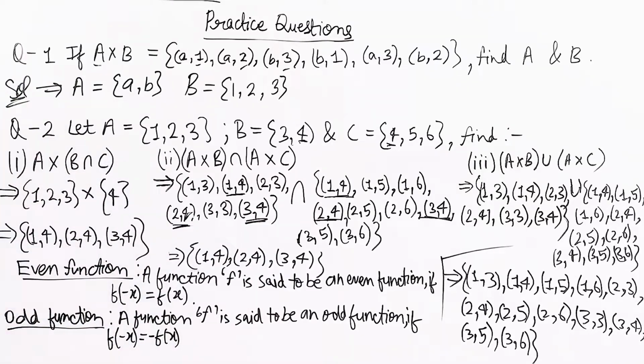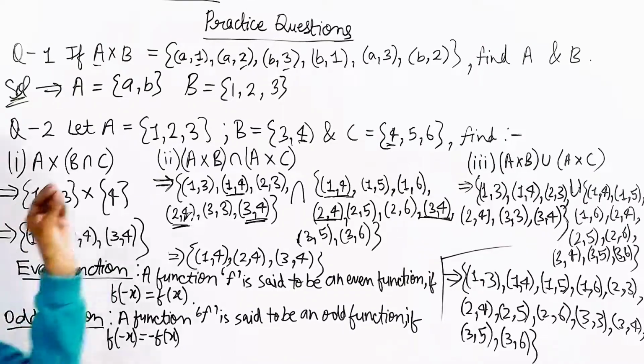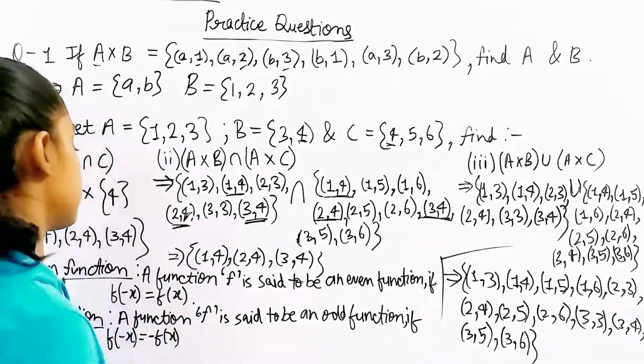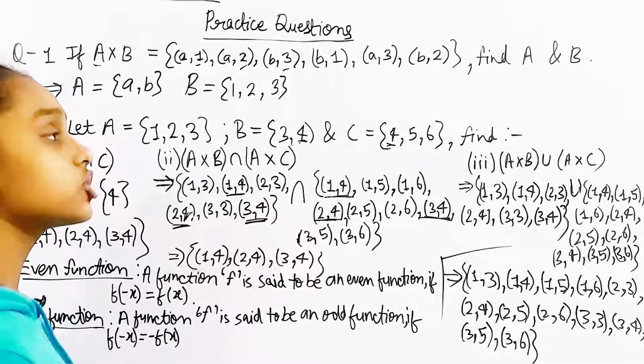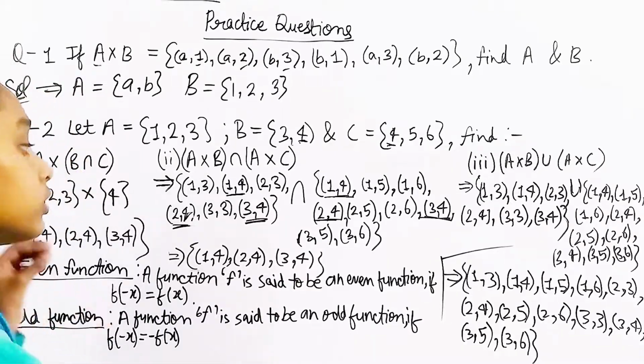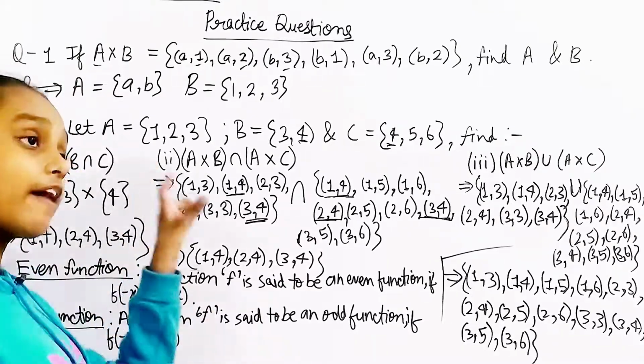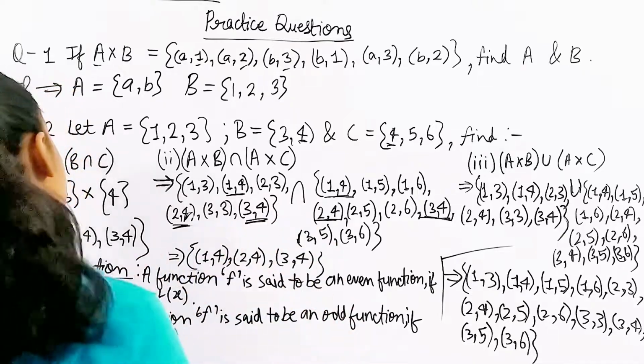Okay, so just have a look at these two statements. Got it? Okay, so what does this exactly mean? So I'm just going to take it in a real easy way. For the even functions, a function f is considered to be an even function only if f of negative x is equal to f(x).